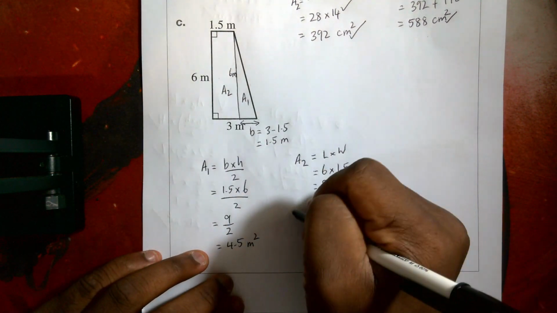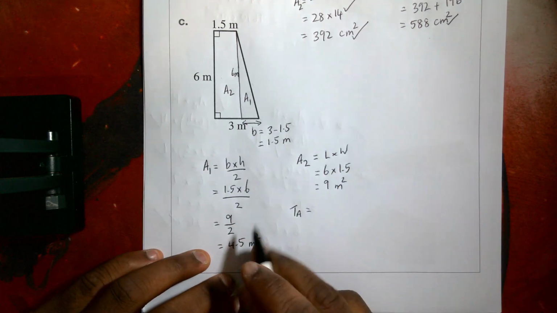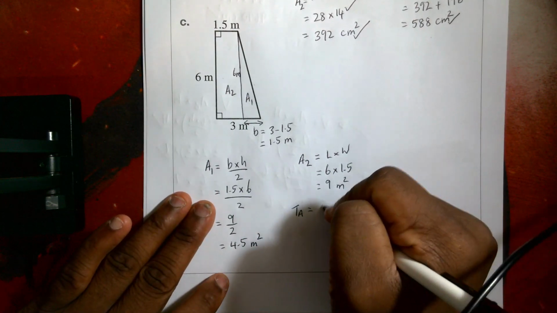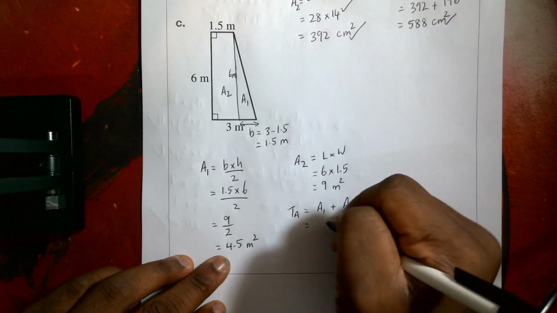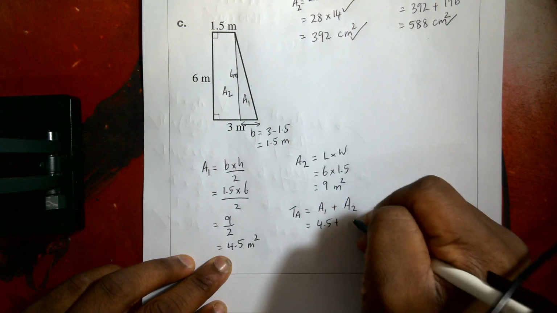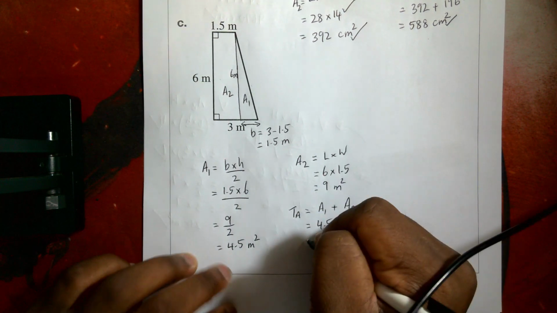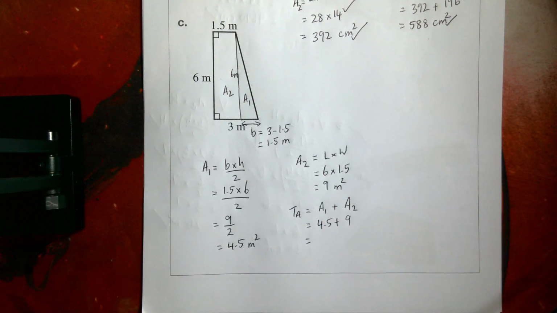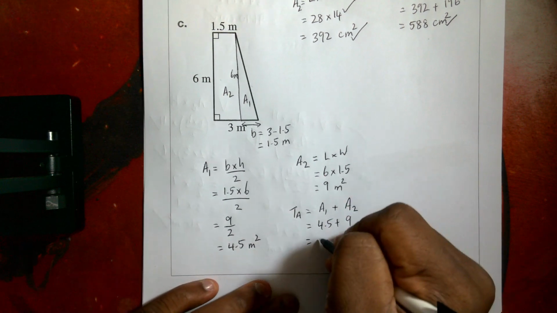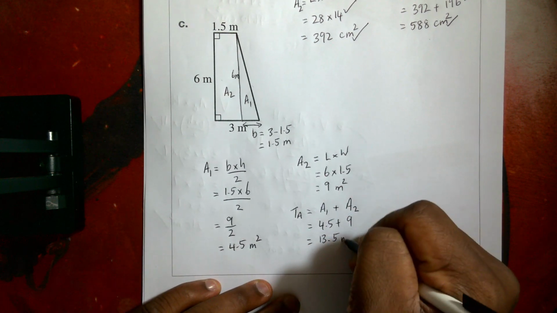Then total area is going to be area 1 plus area 2. Area 1 is 4.5. Area 2 is 9. So when you add them together, you get 13.5 meters squared.